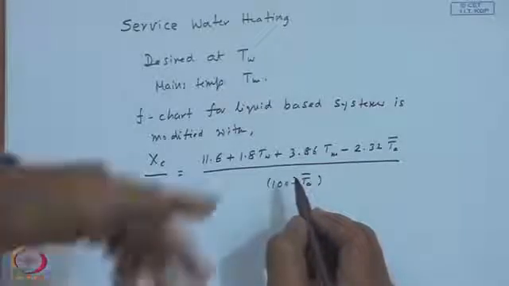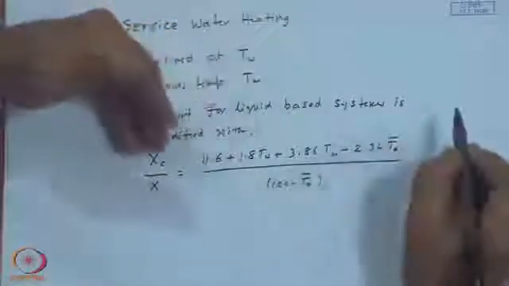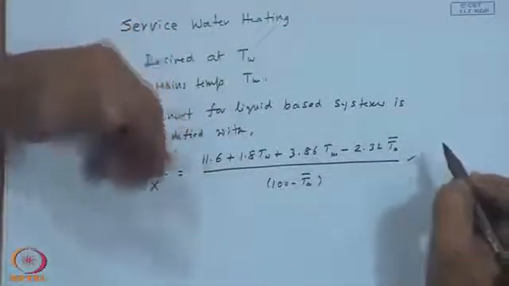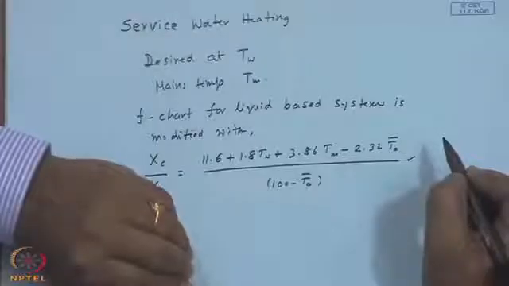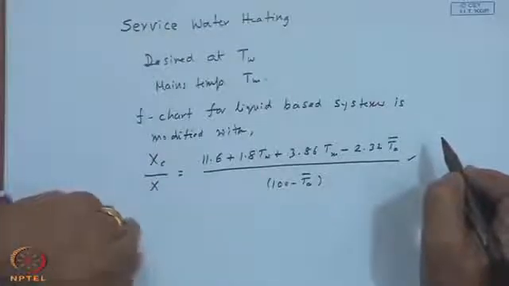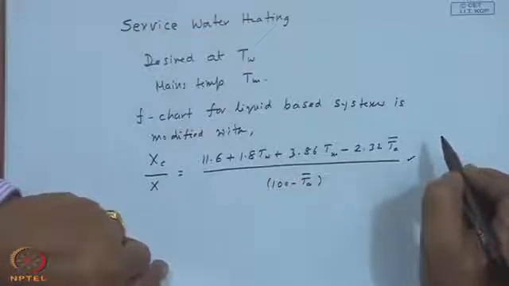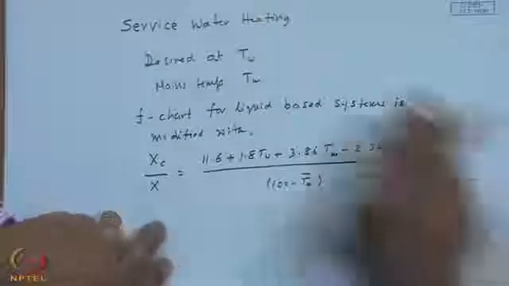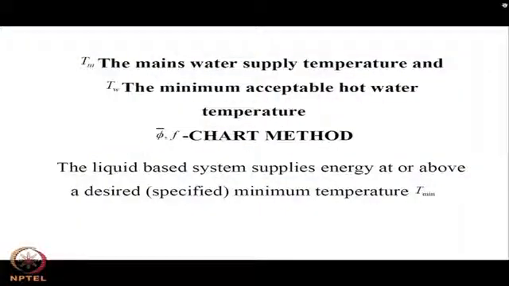So, you simply change the value of x to x c as given by this equation and use the F chart for the liquid based correlation, and you will have the solar load fraction met by service water heating systems. So, T m is the mains temperature and T w is the minimum acceptable hot water temperature.